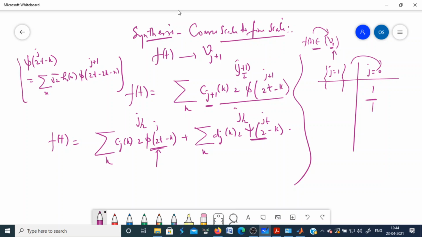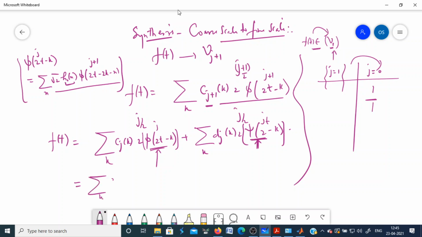Similarly for wavelets you can have the same equation. The only difference is that in place of h naught(n), which is the scaling filter, you have the wavelet filter, that is h1(n). So these two functions can be replaced with these expressions in this equation. Okay, so you will have a different equation in that case.